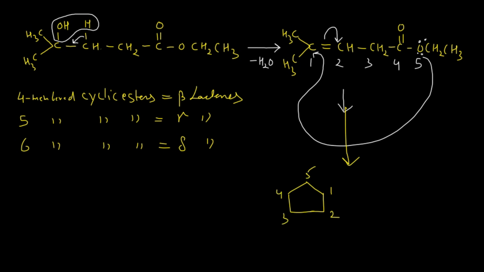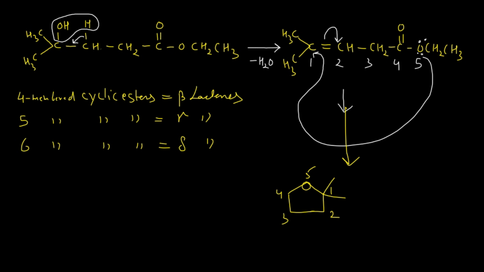Now at carbon number 1 you can see there are 2 methyl groups, so you can straightforwardly put 2 methyl groups over there. Your number 5 is the oxygen, so you simply convert this 5 into oxygen. There is no problem in that.